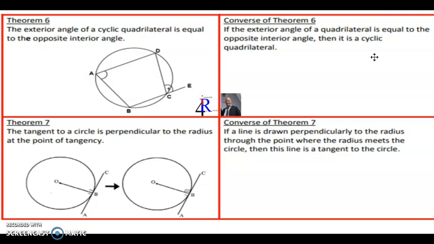Theorem 7. The tangent to a circle is perpendicular to the radius at the point of tangency, or we call it where the two meet.